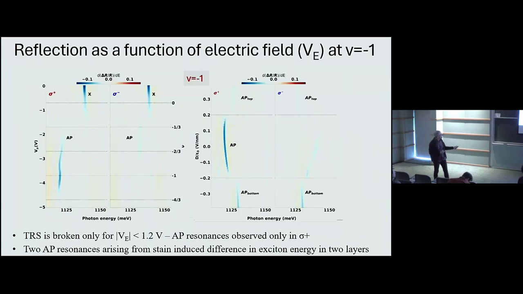This one gets really strong in sigma plus for this particular experiment. And then you see that it remains polarized in one valley, and that's why we see attractive polaron only in one valley.